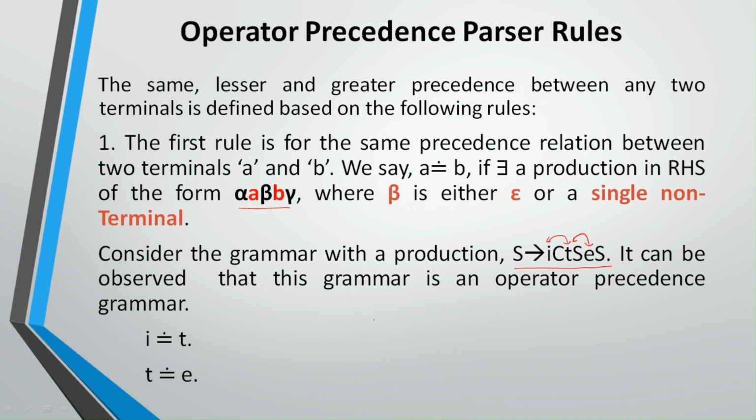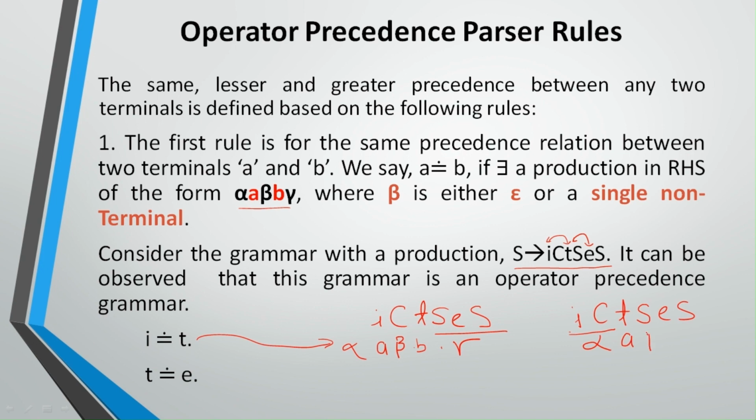How? Just consider ICTSES. If we compare A, beta, B, and this whole portion as gamma, the relation holds: I is equal to T. Again, in the same case, ICTSES, this portion becomes alpha A beta B gamma.